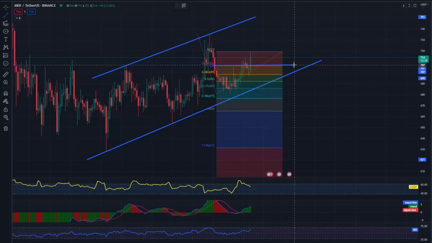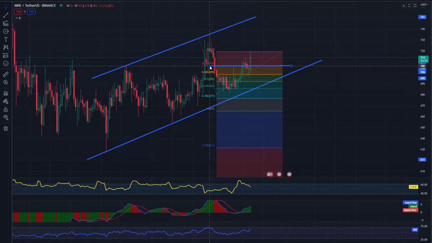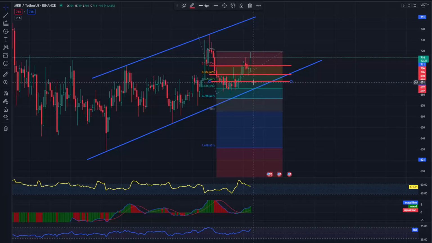Going further, we can move on to marking the places of support when we start the correction. And here, the first support is at $706, the second support is at $698, the third support is at $692, and then the fourth support is at $686.